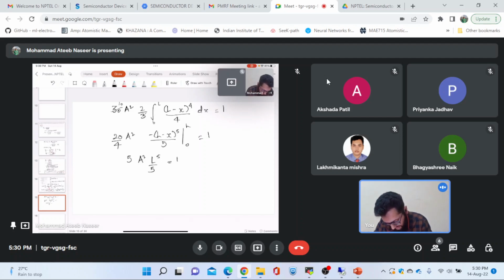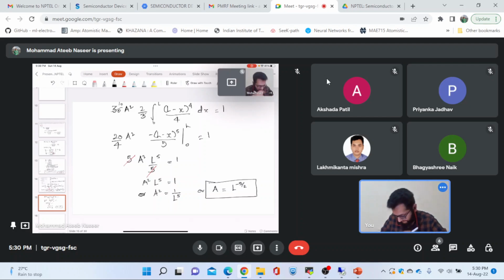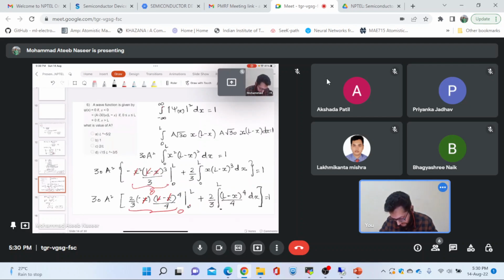This will simply go, and I will be left with L to the power 5 a squared equal to 1, or simply a squared equal to 1 by L to the power 5, or a is equal to L to the power minus 5 by 2. So now let us see which option it was. It was option A. So option A seems to be the right one, and we had to select option A.